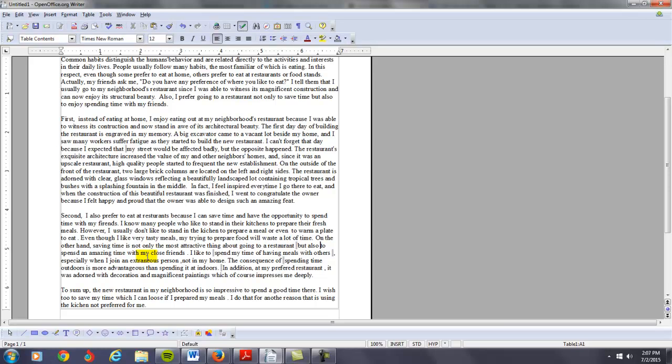We got to work on this. Again, this is a parallelism, parallel structure issue.